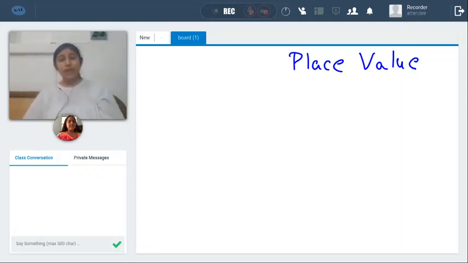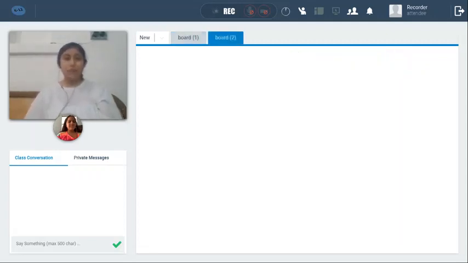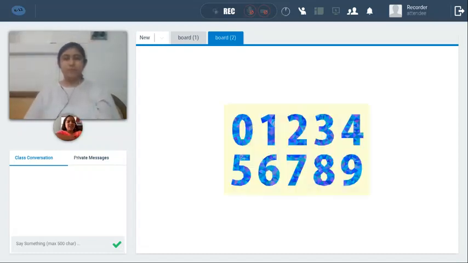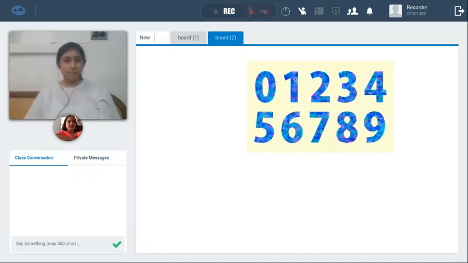Okay, so for that I have a very nice image for you. Let me share it with you. Let me know when you're able to see the image. Is the image there? No. Okay, it will be there. Just wait for a second. Is it there?